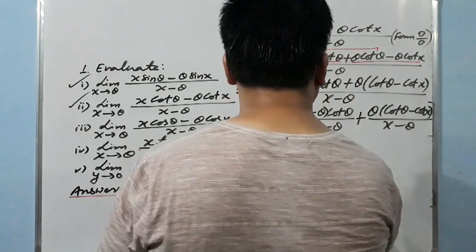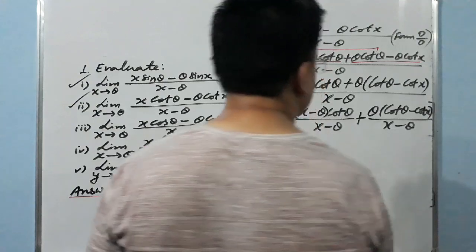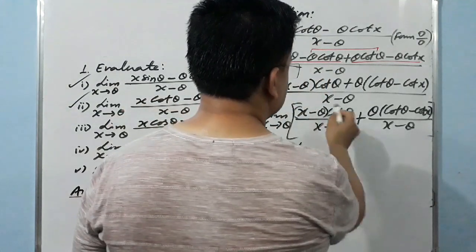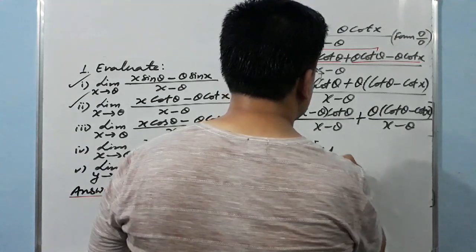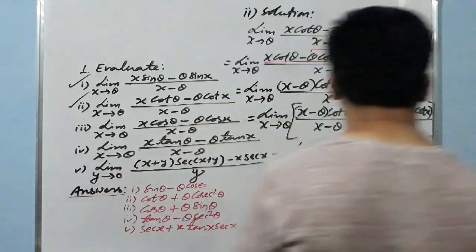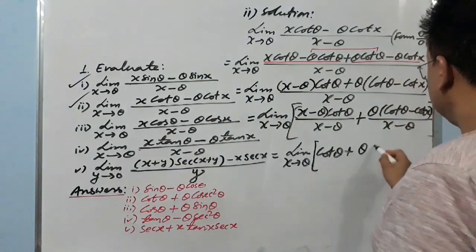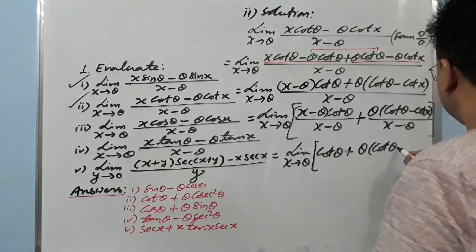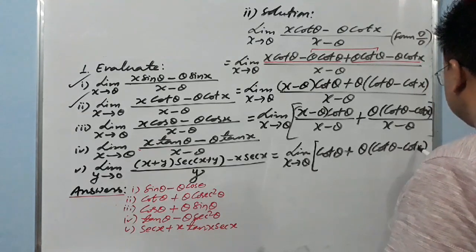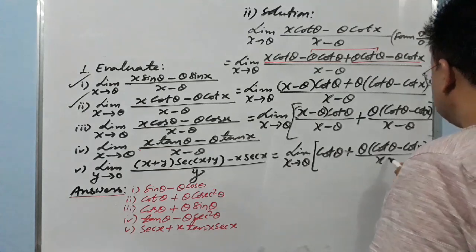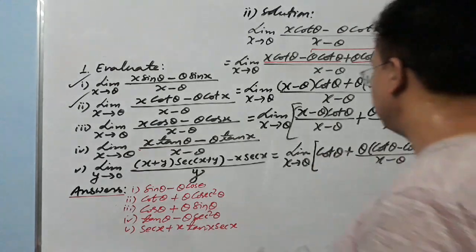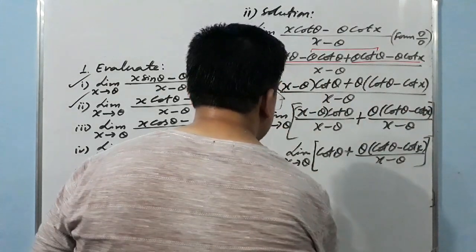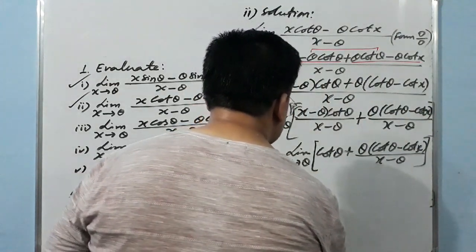Is equal to limit as x tends to theta. We can cancel this. You will get simply cot theta plus theta times (cot theta minus cot x) over (x minus theta). Alright. Now limit of this plus limit of this one, exactly the same method you have to use.